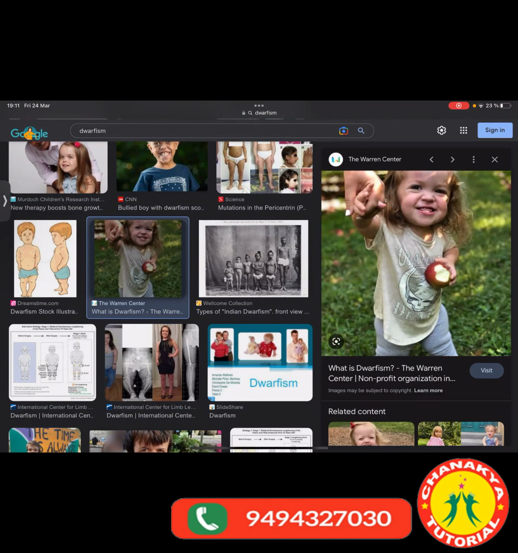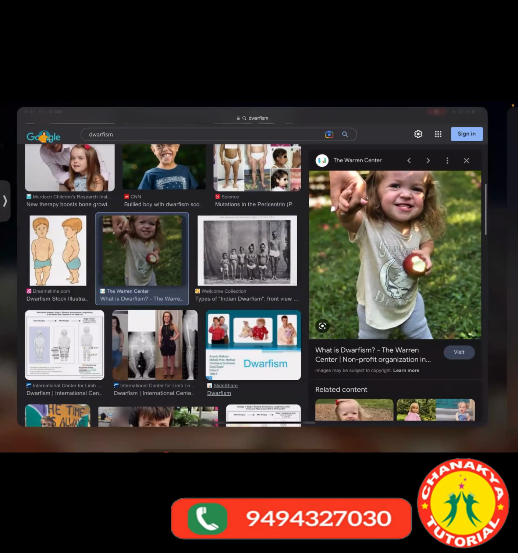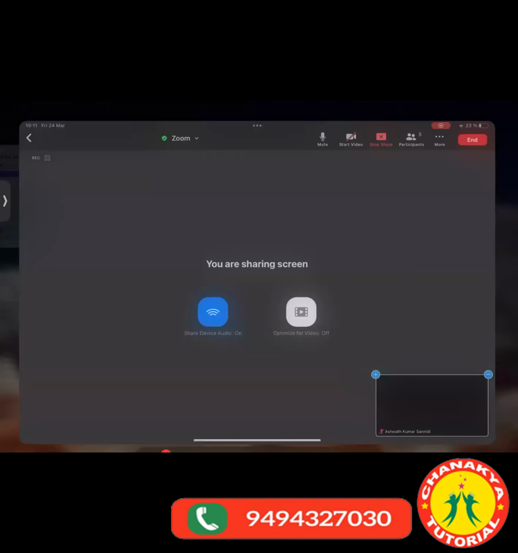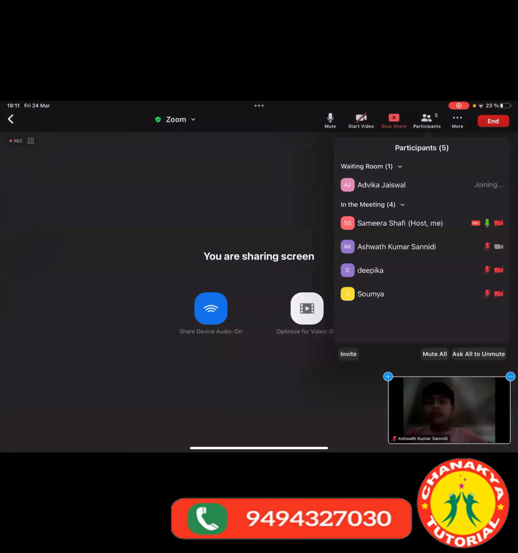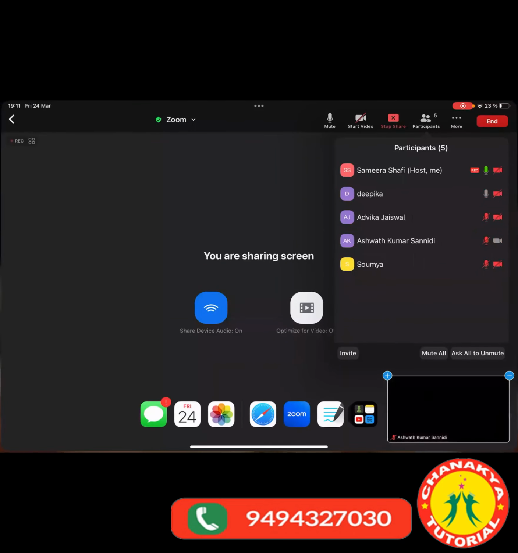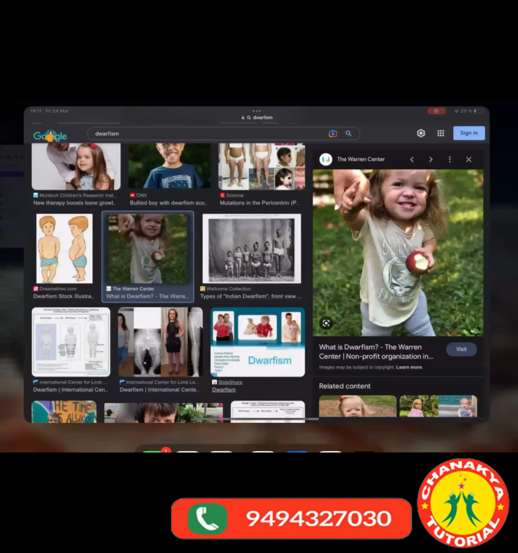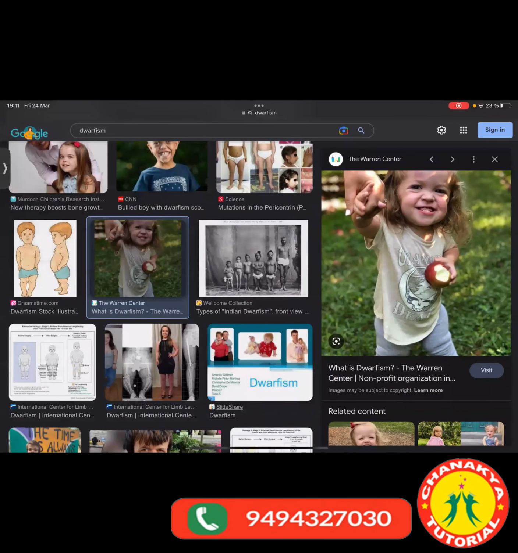Soumya, are you there? Soumya? No one's answering. Why? Okay, Deepika, can you answer? It's a general question. How much do you think this child's age is? Deepika, I saw you unmute yourself.